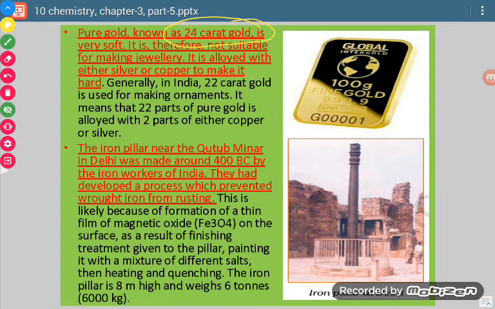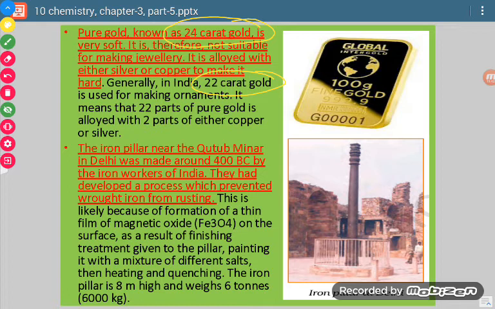So what we use is 22 karat gold mostly. What does it mean? It means that we have taken 22 parts of pure gold and mixed 2 parts of another substance. It may be copper or it may be silver.